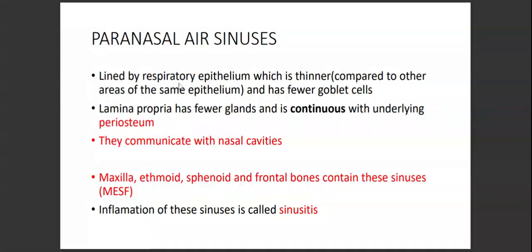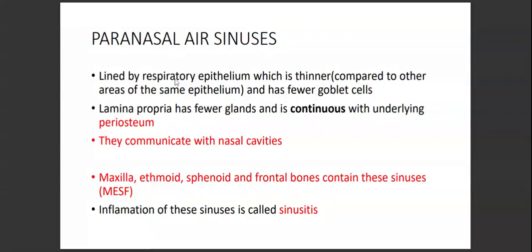So number one, these paranasal air sinuses are lined by respiratory epithelium. The same epithelium that lines all other parts of the respiratory system is the same epithelium that lines these paranasal air sinuses. This is a very important point that most examiners target.